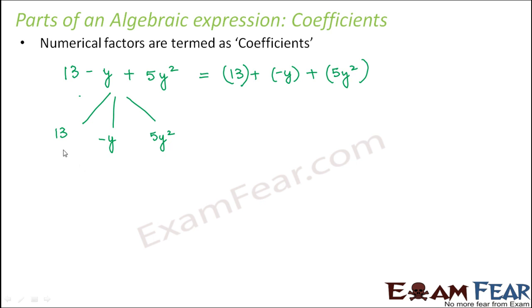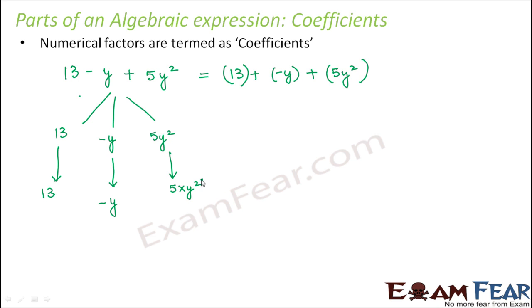Okay, now when you look at each of these terms, what are the factors? For this one, the only possible factor is 13, because anyways we ignore 1. If you look at this one, the only possible factor again would be minus y. Now when you look at this term 5y square, how can you write 5y square? It can be written as 5 into y square. So do you think 5 and y square would be the two factors?